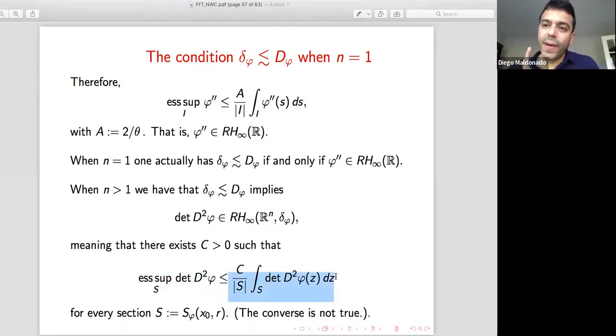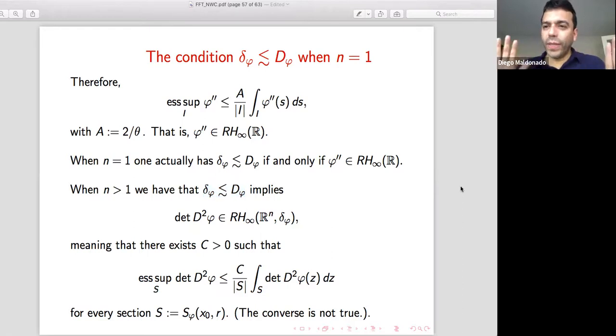But following the right geometry, notice how here we're looking at the Monge-Ampère sections. So it's a Muckenhoupt condition, but in the right geometry, in the geometry of the Monge-Ampère quasi-distance. And now, however, the converse is not true. There are functions whose determinant has this reverse Hölder condition, but they won't have the property.